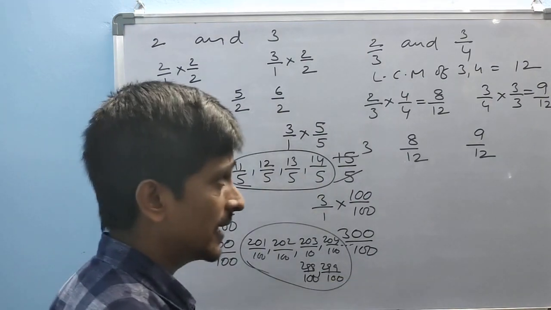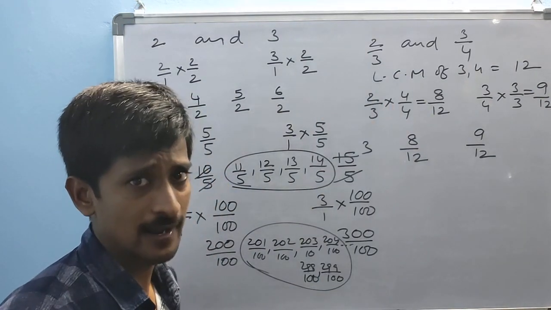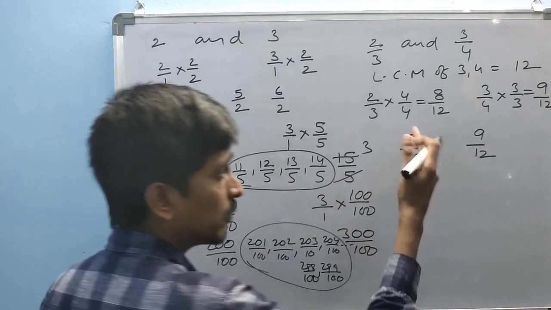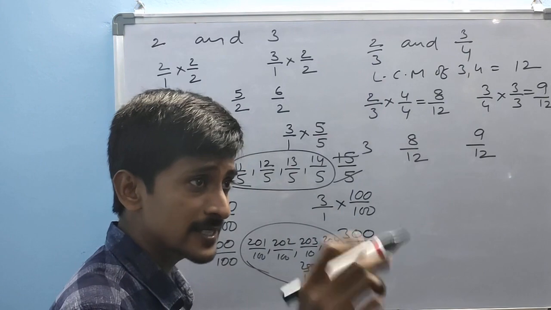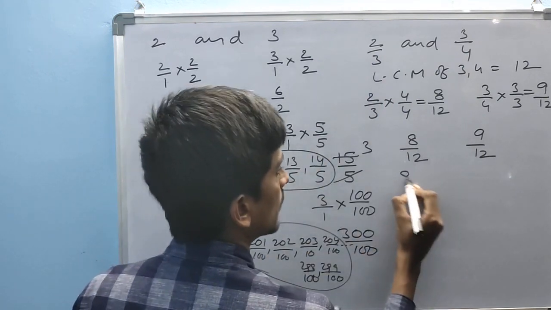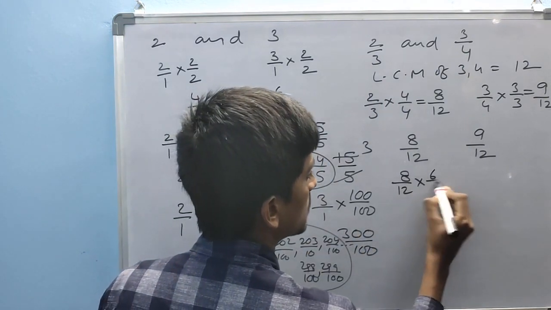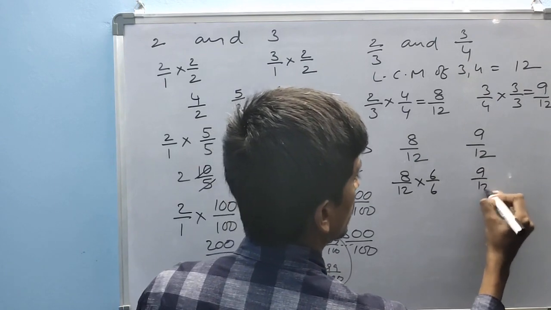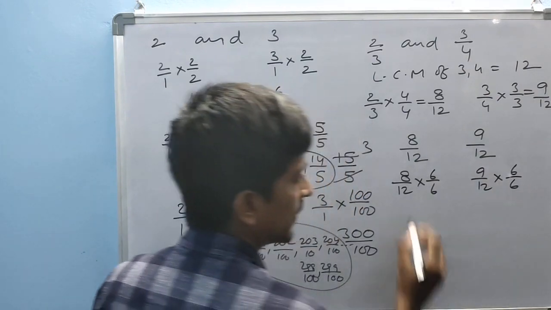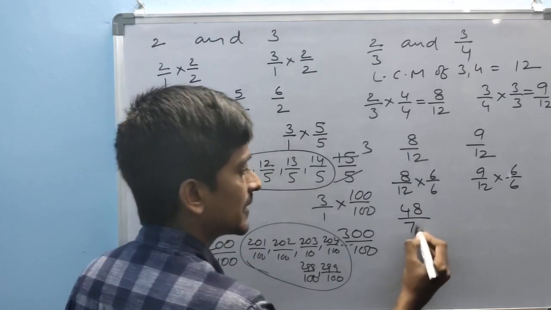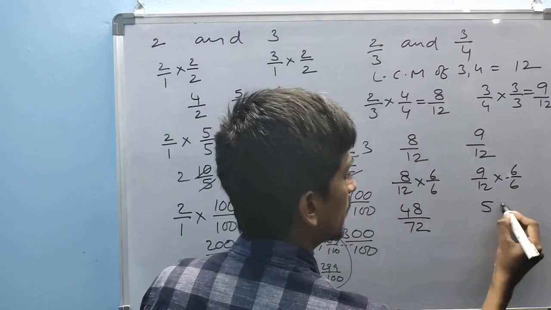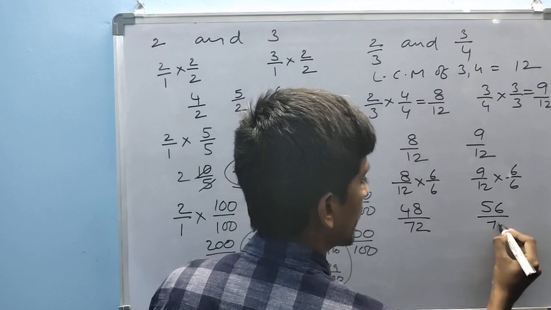For example, you need 5 rational numbers. You multiply both the numerator and denominator by 6 by 6, since 5 plus 1 is 6. 8 by 12 into 6 by 6, 9 by 12 into 6 by 6. 8 sixes are 48, 12 sixes are 72. 9 sixes are 54, 12 sixes are 72.